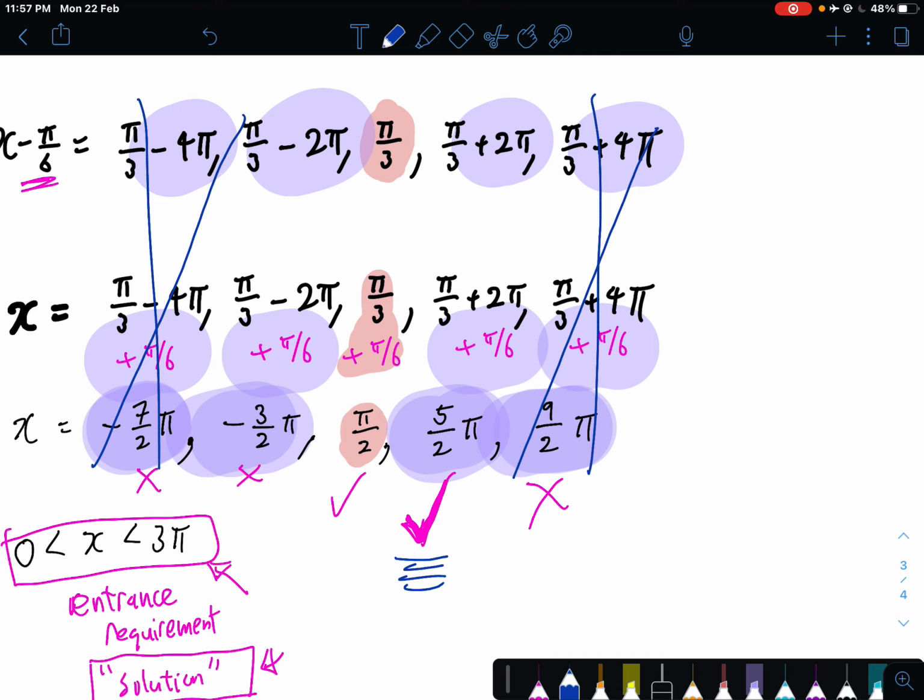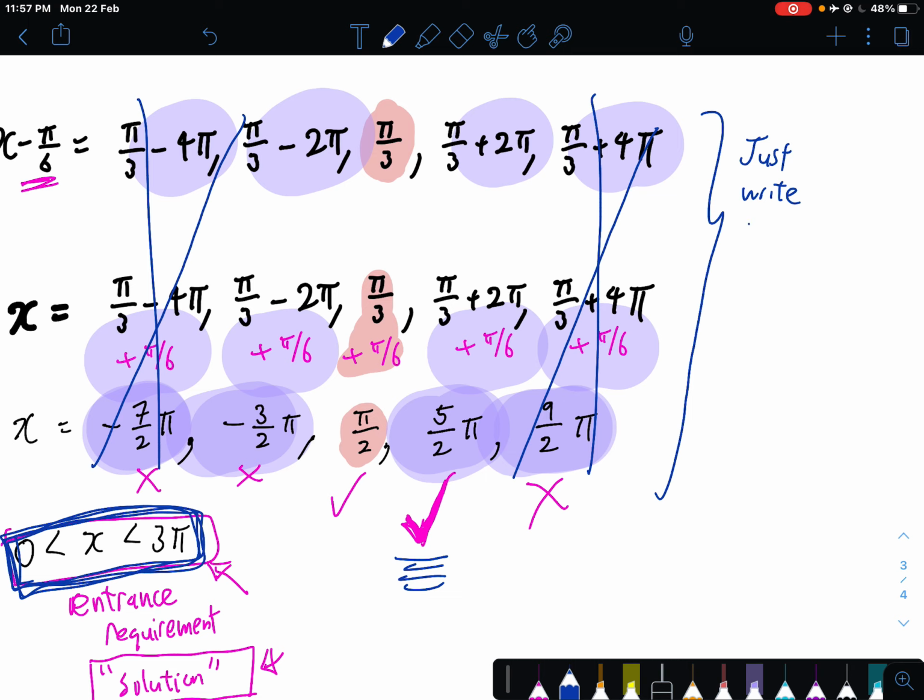If you don't want to think too heavily about the entrance requirement, I would suggest that you consider up to plus minus 4 pi.